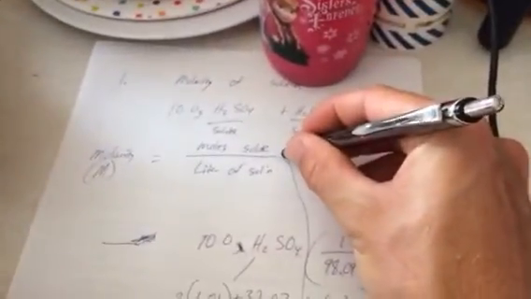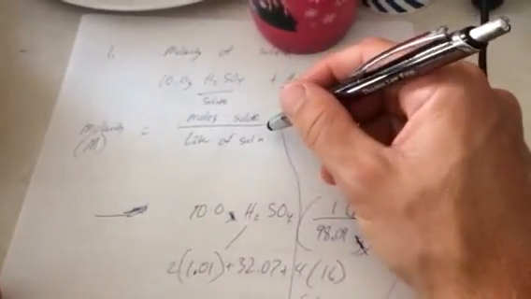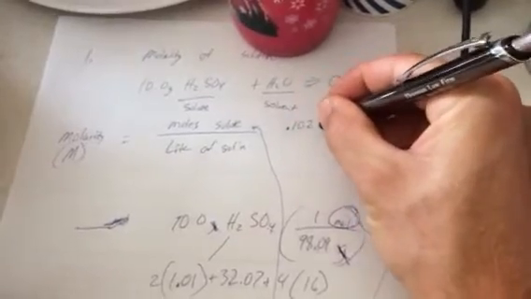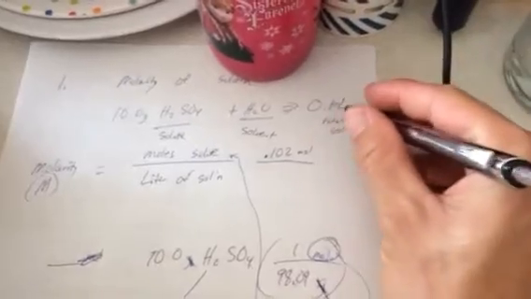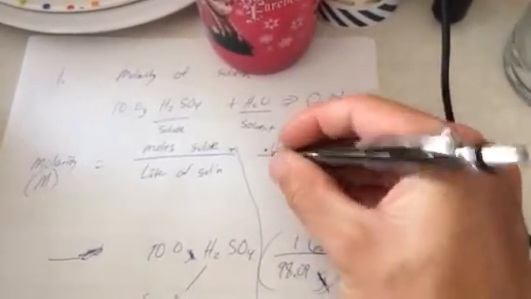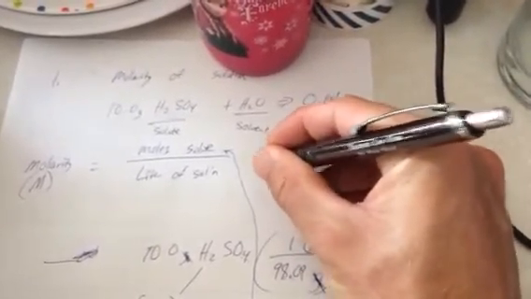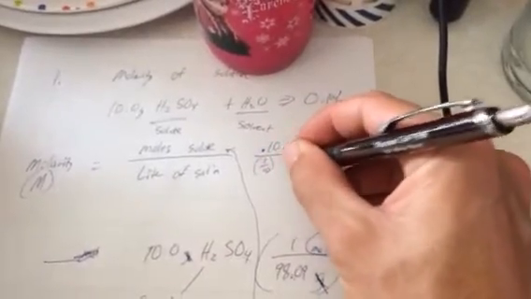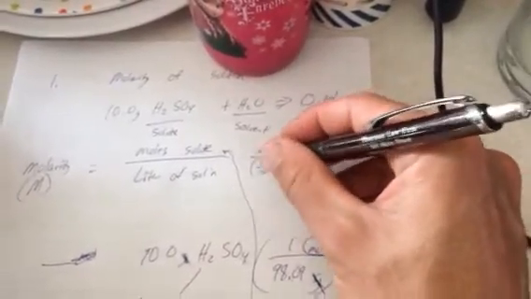Go back up to the definition of molarity. It's how many moles of solute there are per how many liters of solution. So 0.102 moles divided by how many liters in the solution? Oh, it's just easy, 0.100 or 1/10. If you like fractions, or you can write the decimal here, 0.100.